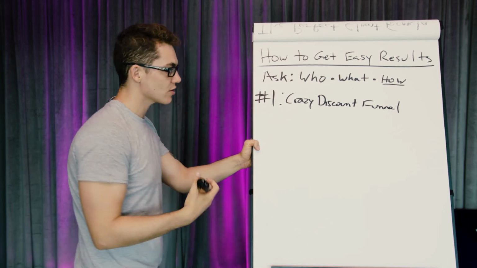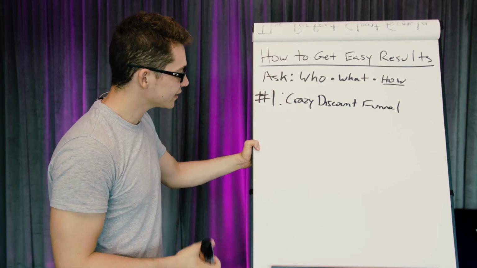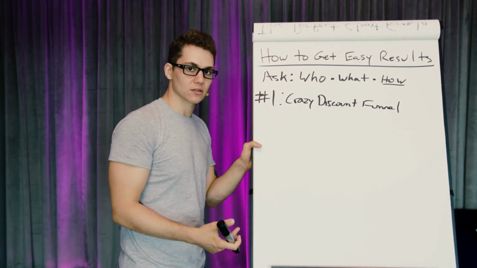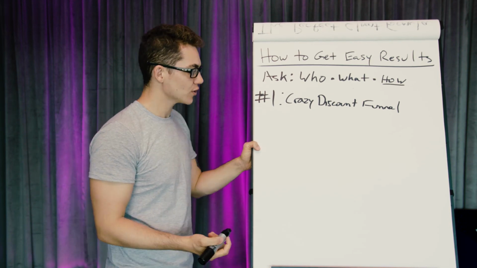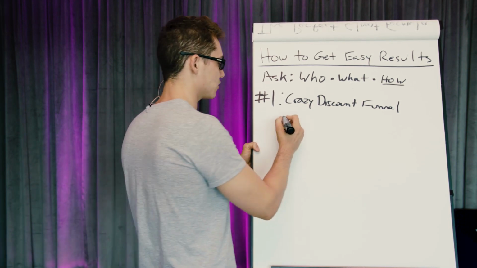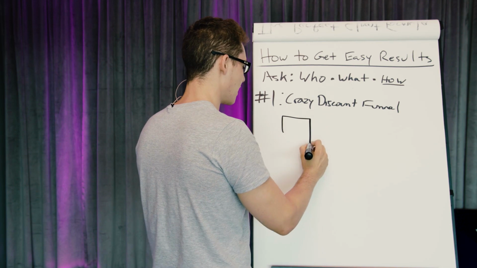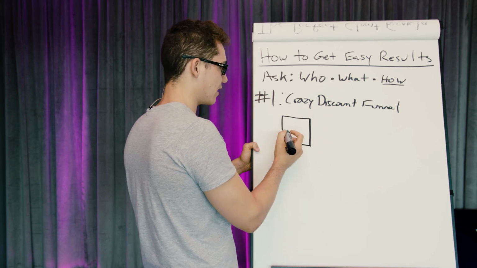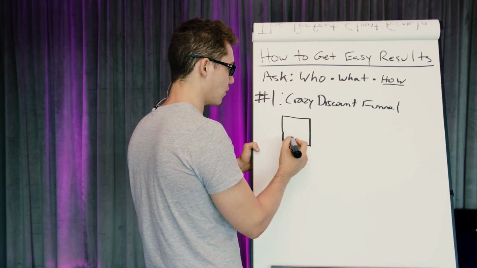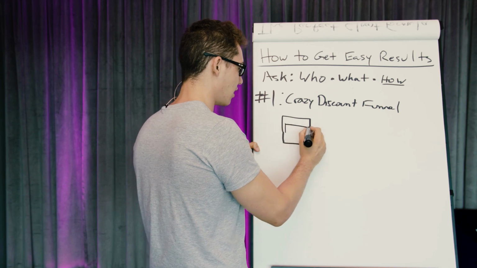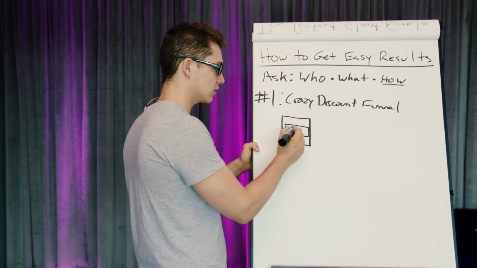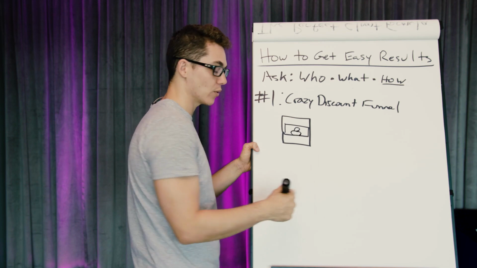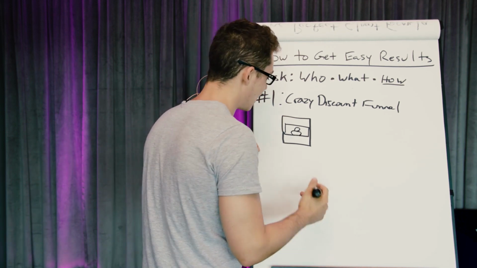So, for instance, the Crazy Discount Funnel, let's use a chiropractor as an example. What we're going to do is create an ad on Facebook, and we might have an image here of the chiropractor cracking backs or doing whatever a chiropractor does.